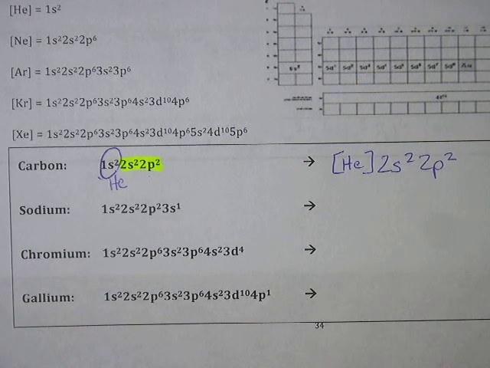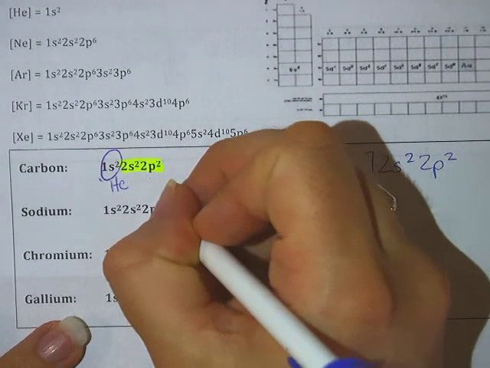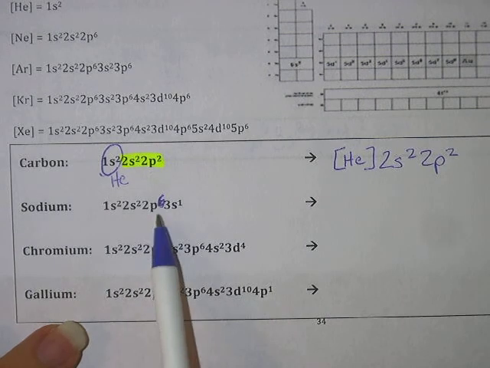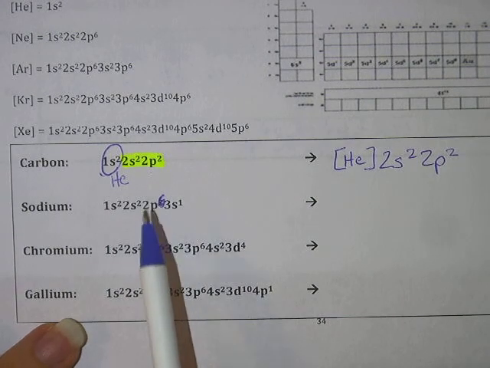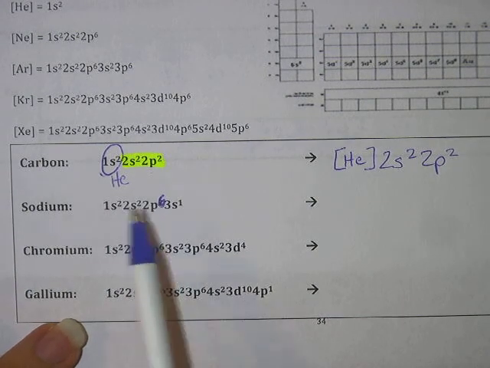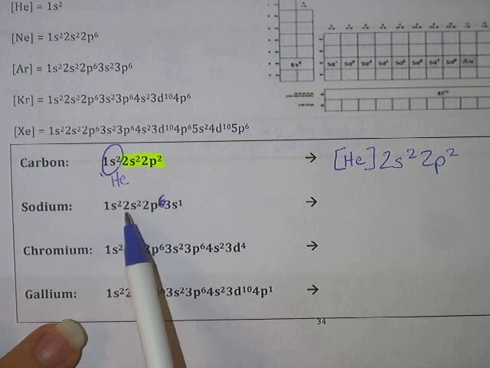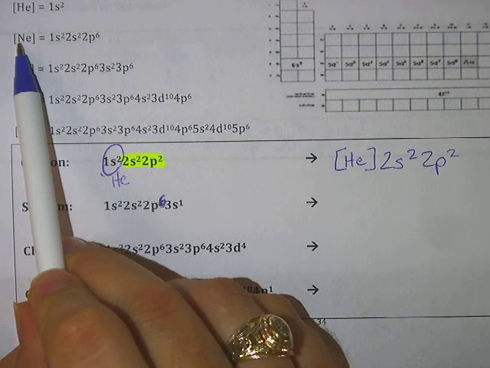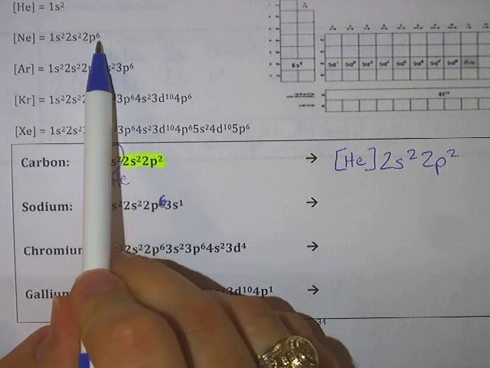And I know you're looking at that and you're going, Ms. Rosinski, that is not significantly shorter. Well, my page has a typo. It's probably fixed on your page. When we get to something like sodium, it can be a lot shorter, because sodium I look at and I go, okay, 1s2, 2s2, 2p6, 3s1. Well, neon is 1s2, 2s2, 2p6.